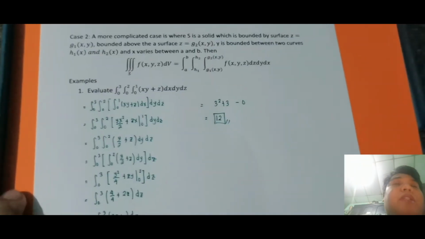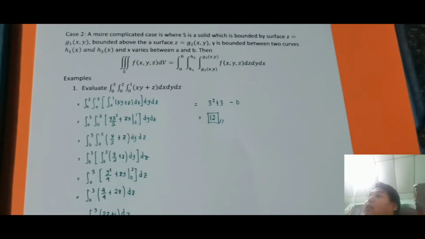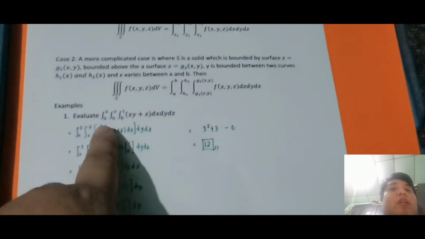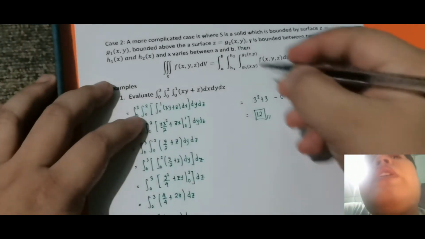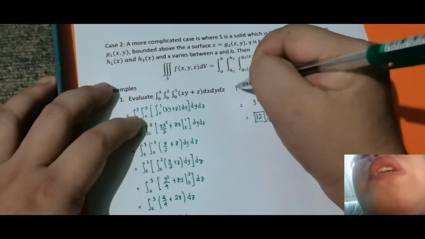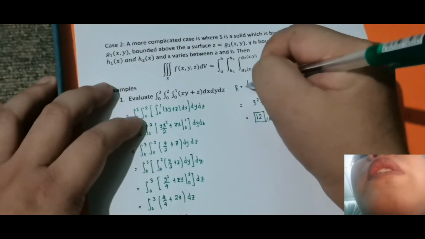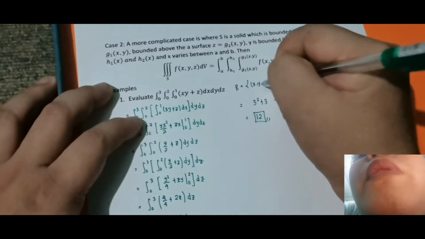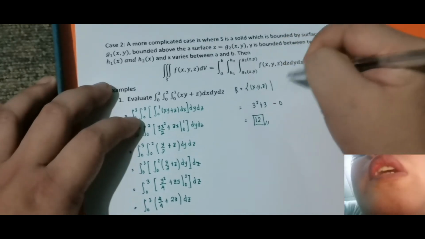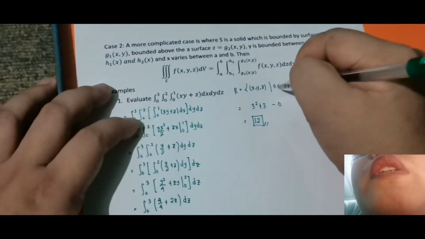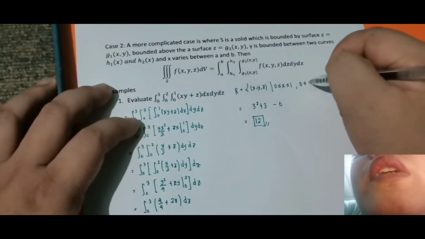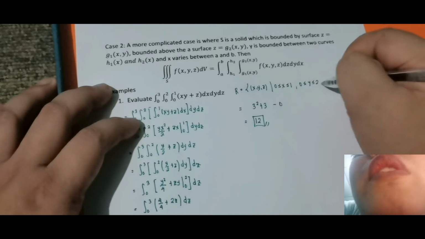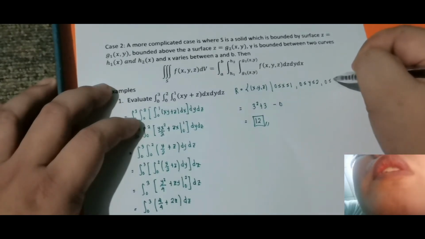Last example para dito, kasi nga recall lang din naman siya. What if naman over the region? Kung papansin niyo, saan siya over, ano yung region niya? Yung region niya is x, y, z such that 0 less than or equal to x less than or equal to 1, 0 less than or equal to y less than or equal sa 2, 0 less than or equal sa z less than or equal sa 3.